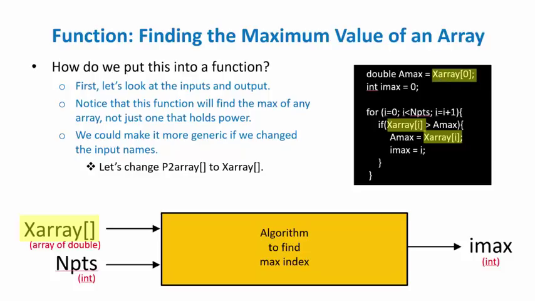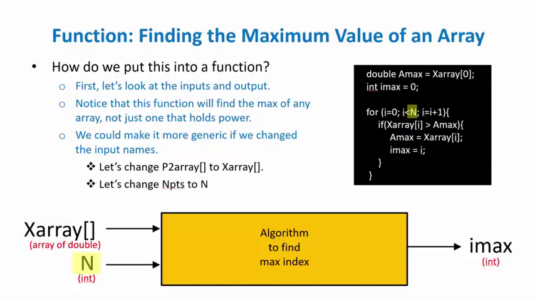We're going to make this agnostic function that works for any array. So we'll just call this X array. That's going to be what we operate on within the function. That means we had to change it in our initialization of AMAX. Array max is still pretty generic, so we'll leave that. X array, we compare that in our compare, and then we update AMAX with X array. Now we've changed that variable name to be more generic for within this function.